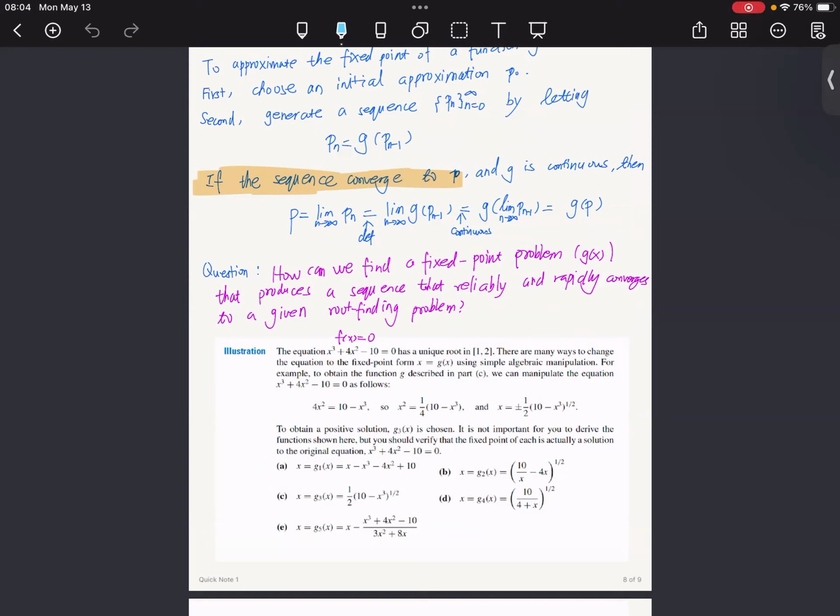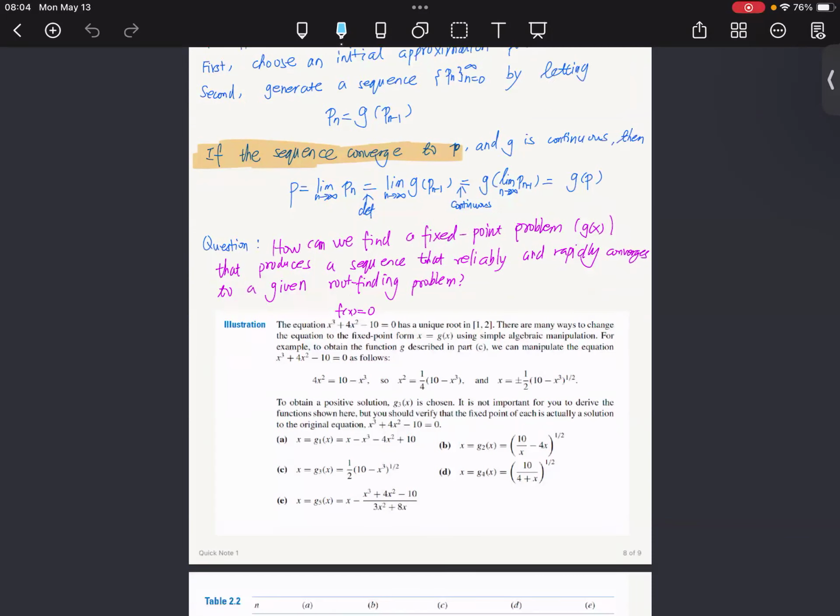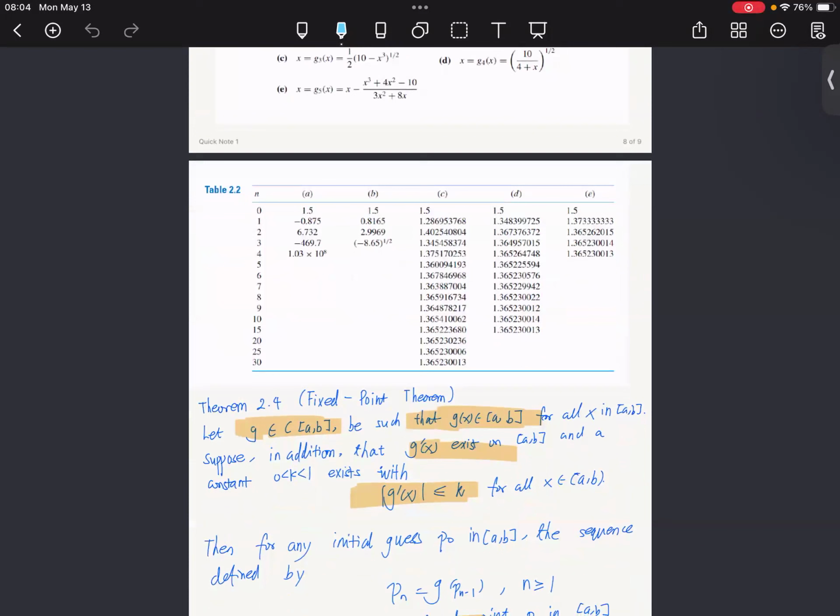This is a root finding problem, finding the root of this function, and we can rewrite it into several fixed point formats: A, B, C, D, E. If you look at the simulations in this picture, you find that the A and B formats do not work because they are divergent. This one is undefined because it involves the square root of a negative number.